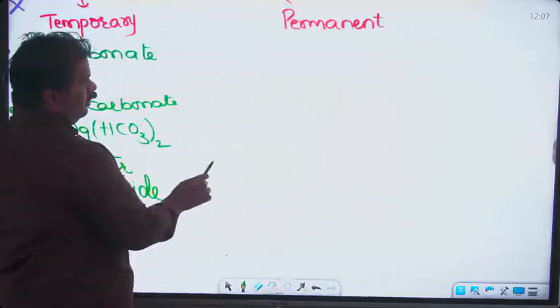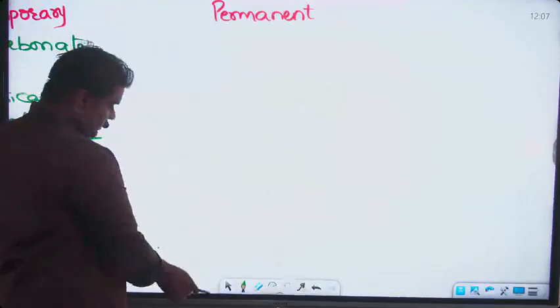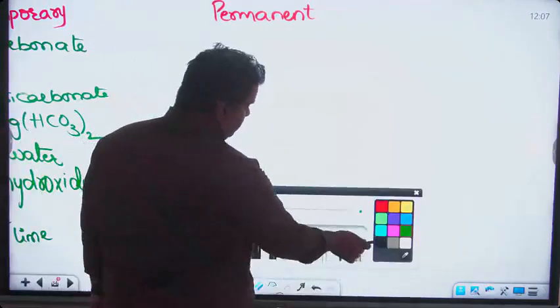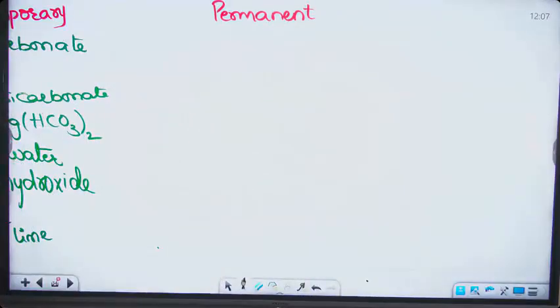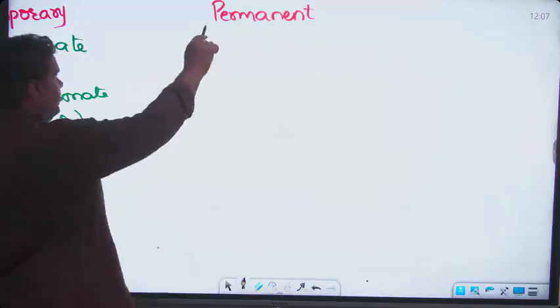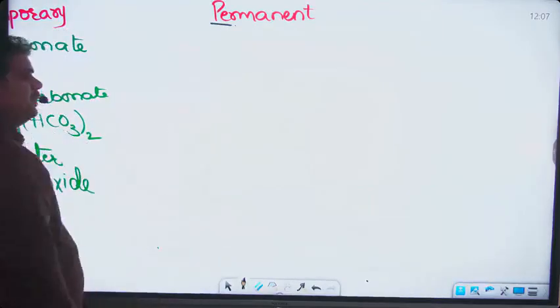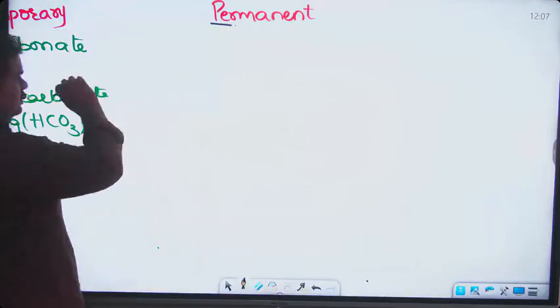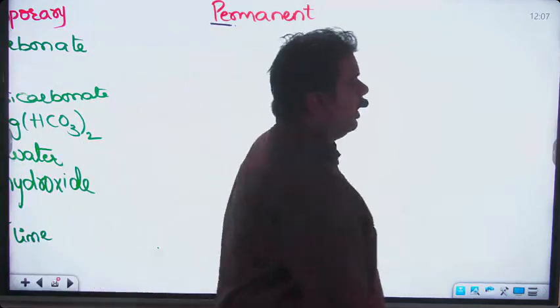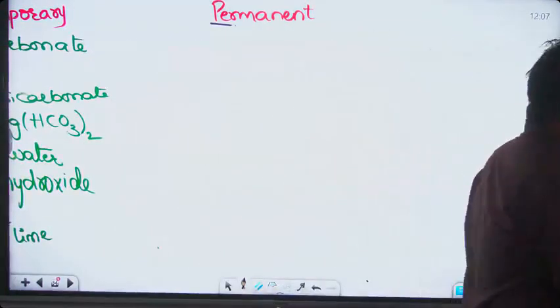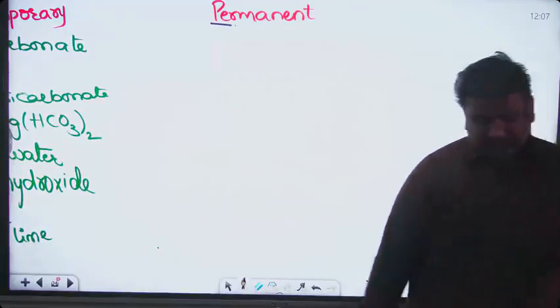Then the case of permanent hardness. Now this permanent hardness is because of what? The reason for temporary hardness was calcium bicarbonate and magnesium bicarbonate. So what is the reason for permanent hardness?